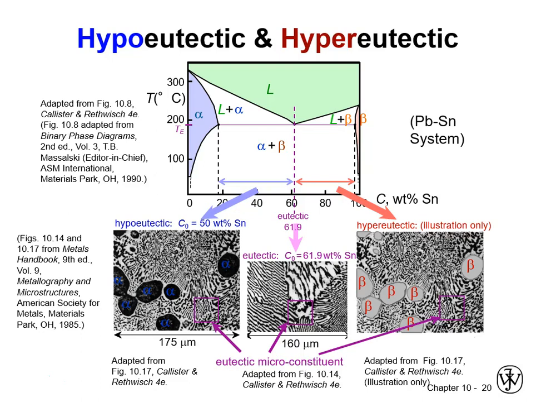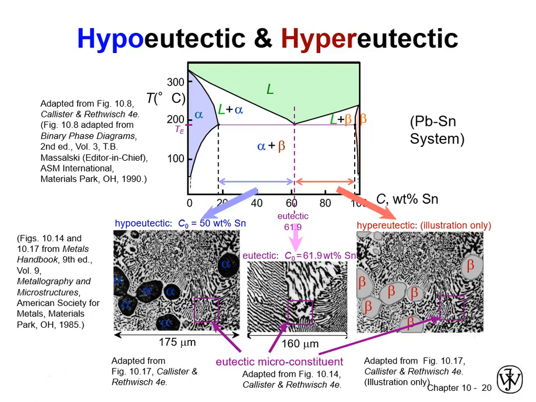And a totally analogous situation with the pink arrow, where we formed hypereutectic or primary beta in the liquid plus beta region, and then when we got down to eutectic temperature, all of the remaining liquid formed eutectic again, the lamellar structure. So same kind of situation with a single phase forming first, and then when we drop down to eutectic temperature, all the remaining liquid forming this characteristic lamella.